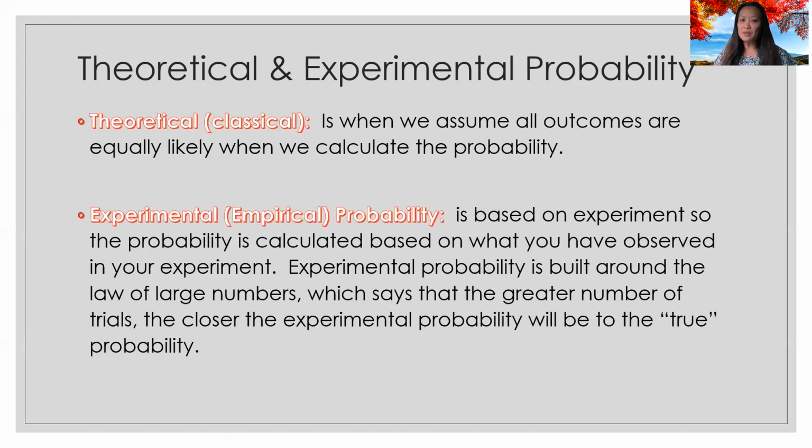Whereas the experimental probability, sometimes called empirical probability, but we'll call it experimental in this class, is based on the actual doing of the experiment, and it is calculated by what you have observed happen, right? So experimental probability is built on the law of large numbers, which says that the greater the number of trials, the closer the experimental probability will be to the true probability, okay?